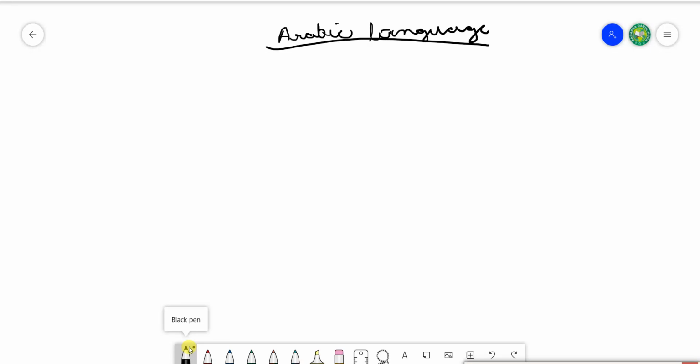Whether we are speaking, writing or reading any Arabic text, all these things are found in our sentence, in the book and in our conversation. So generally, Arabic language is made up of three things. First one is ism, second one is fail, and third one is harf.